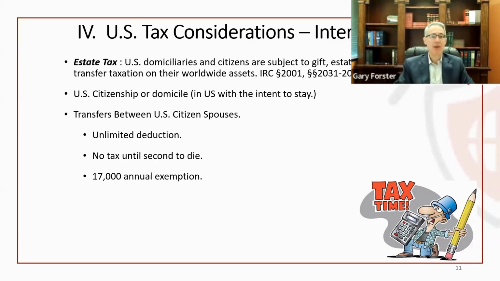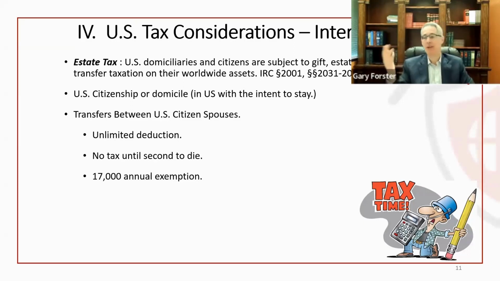It means that when you die, you are taxed worldwide on all of your assets, even though you've got a mansion in Portugal and 2 businesses in Brazil and whatever else you've got on earth. You're going to be taxed at a 40% rate on that over the 13 million.